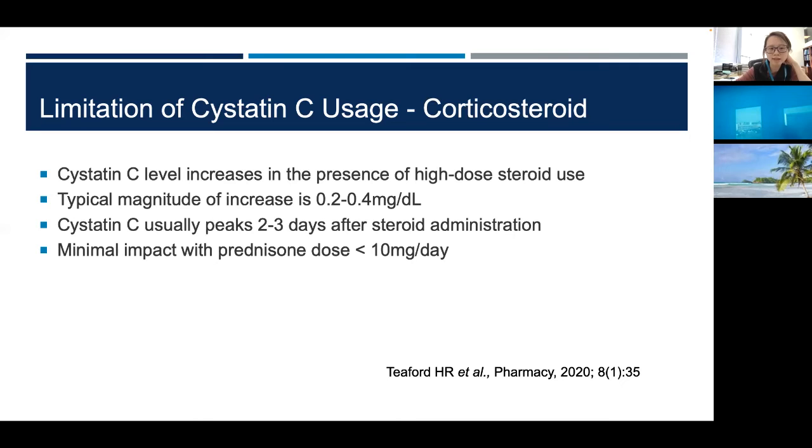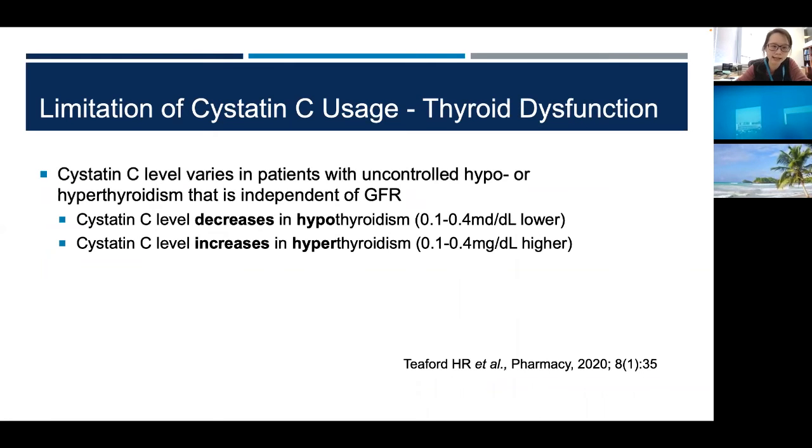And there's another study I found that when patients are on prednisone less than 10 milligram a day, it does not seem to impact it, but when they're on higher dose steroid, it does tend to raise the Cystatin C level, and it tends to be a dose response, meaning the higher the steroid dose, the more elevation of Cystatin C in the patients. It is also not accurate in patients with thyroid dysfunction. Cystatin C level tends to decrease in someone with hypothyroidism and increase in someone with hyperthyroidism.